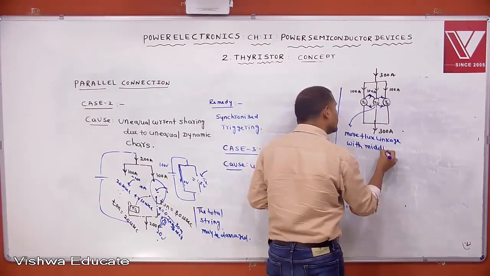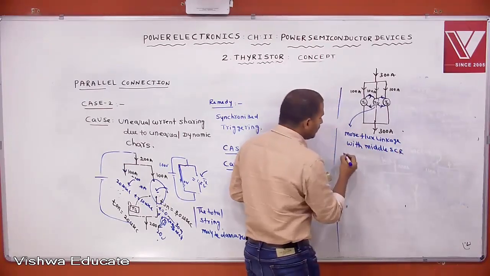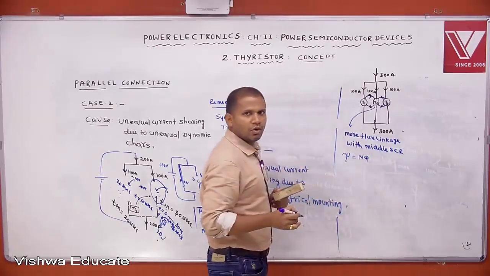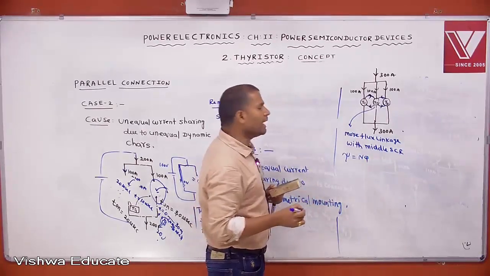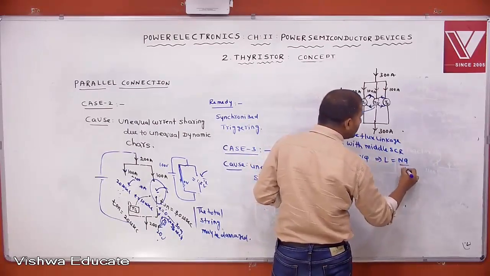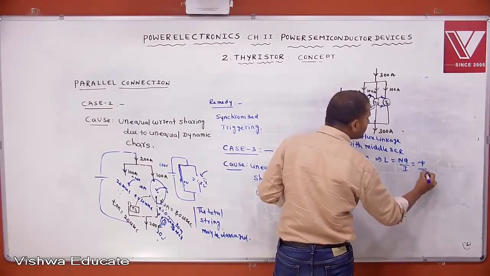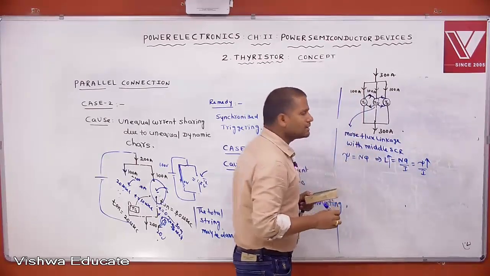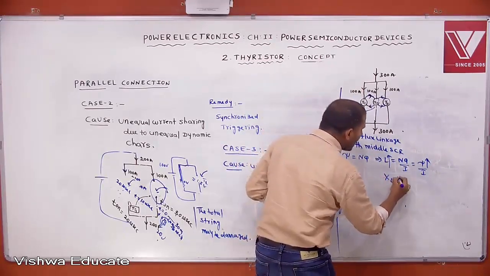Now what happened? We know that flux linkage psi equals N phi. Then we can define L equal to N phi by I, that is psi by I. If the flux linkage increases, what about the inductance? It increases. If the inductance increases, what about the reactance offered?